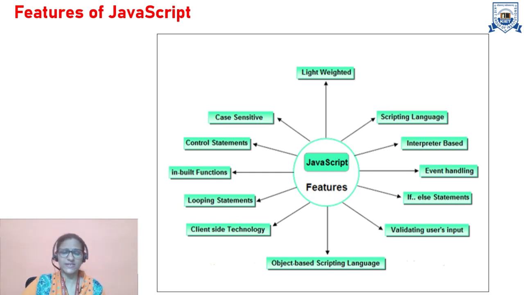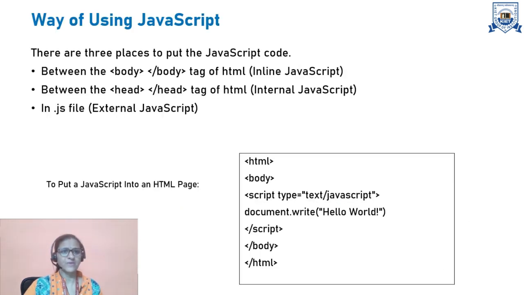It is lightweight. It is a client-side technology. We can use looping statements like for, while, do while. It has inbuilt functions which ease our work. There are a number of control statements. JavaScript is case sensitive, so care should be taken while using different variables or names.